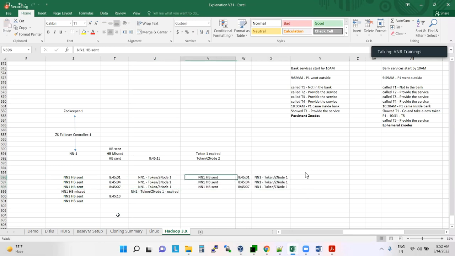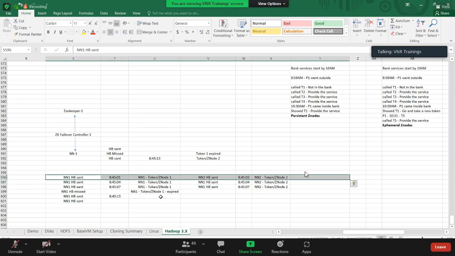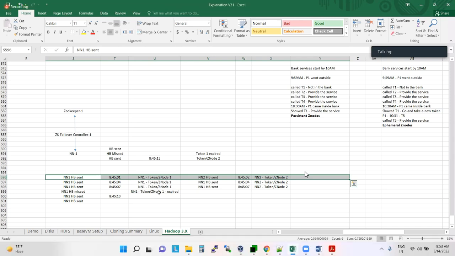Here I have NameNode 2 also, at 8:45:02 AM. So for NameNode 2, what is the token it will give? What is the token number given to NameNode 2? Token number 2. Now at this stage, who has the least token number? NameNode 1 is 1, NameNode 2 is 2. So NameNode 1 is active.